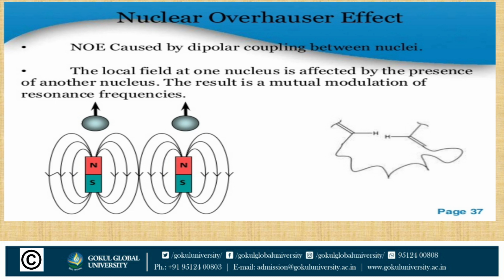Of these nuclei, the local field of one nucleus is affected by the presence of another nucleus. The nucleus is the proton nucleus. The neighboring proton nucleus is affected by the neighboring one. The closest distance is 3.5 angstrom. The result is mutual modulation of resonance frequency.